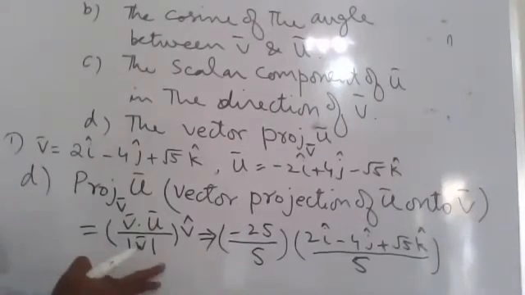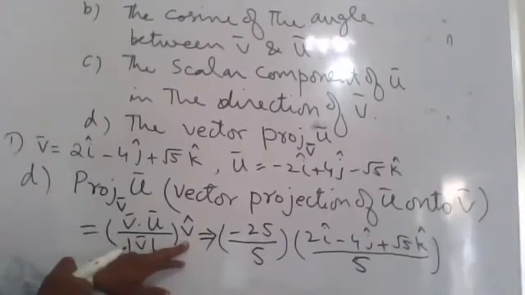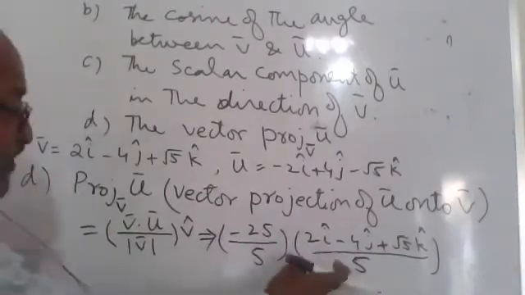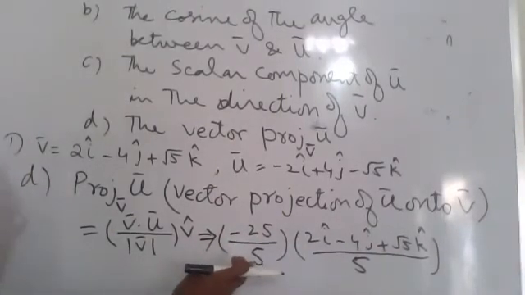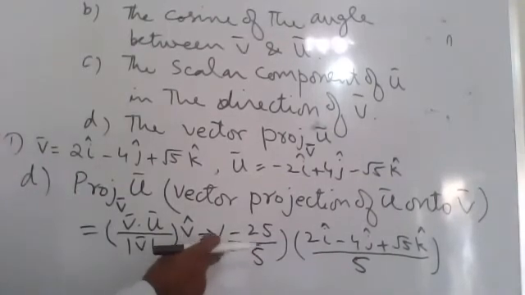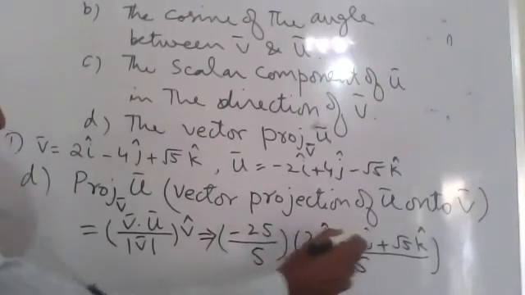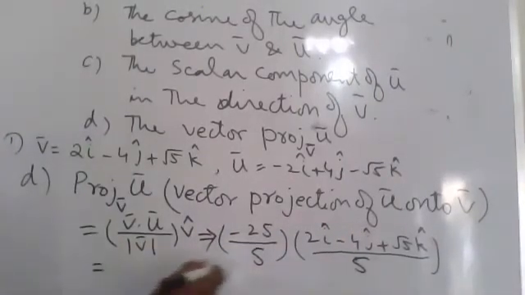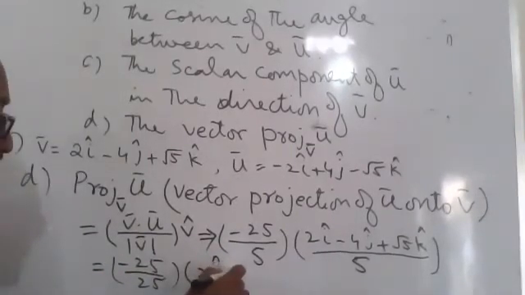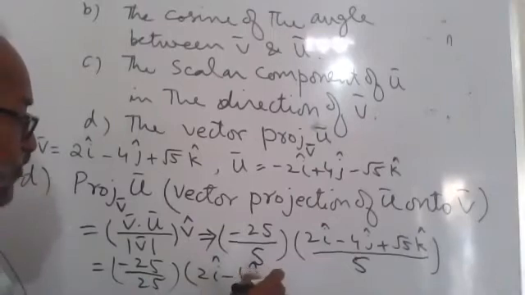So the scalar component multiplied with the unit vector gives the projection of U onto V. 5 into 5 will be 25. Minus 25 divided by 25 will give minus 1. Minus 1 is multiplied with this one. So it becomes minus 25 upon 25 into 2i minus 4j plus root 5k.